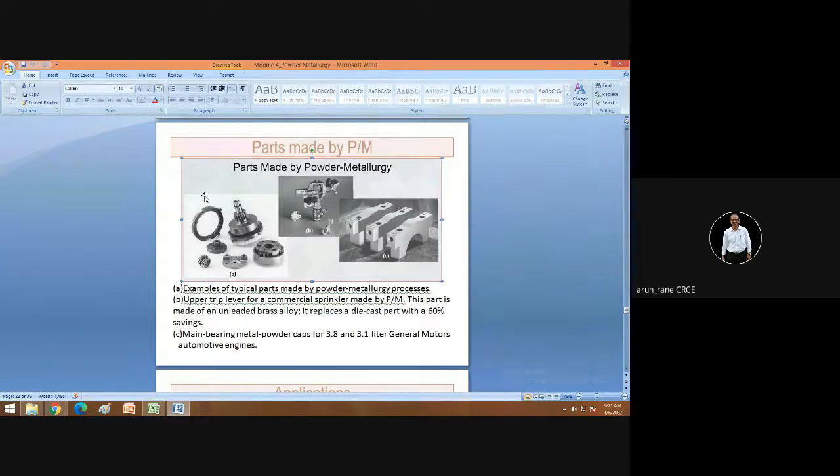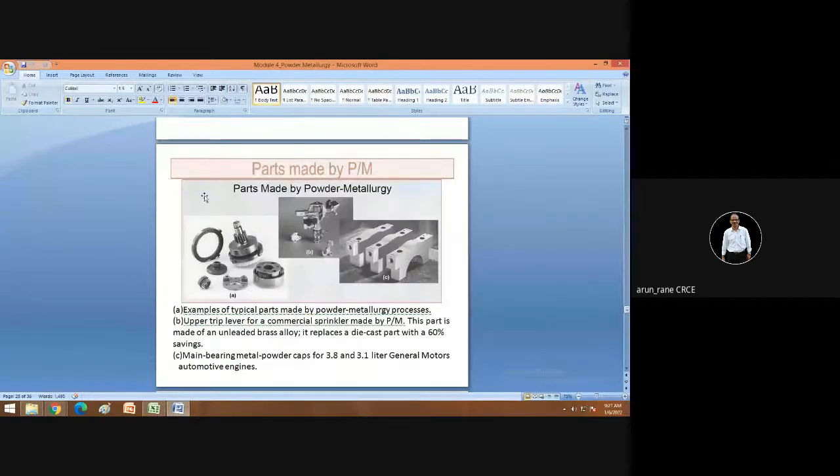These are some parts which are manufactured by powder metallurgy process. And as I have been telling again and again, the most important advantage of powder metallurgy is you can get porosity. So the components are self lubricating.